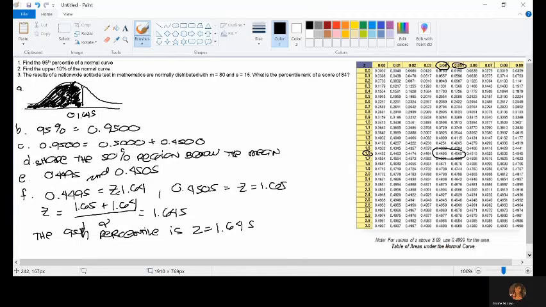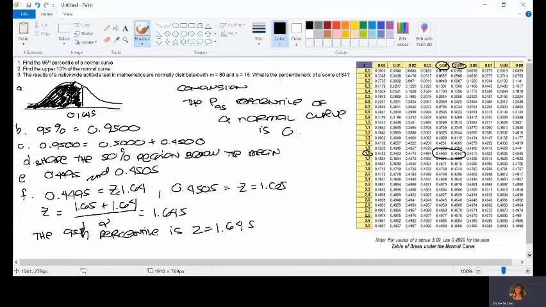And then we're going to shade this region. Okay? So your conclusion will be: the 95th percentile of a normal curve is z equals 1.645.